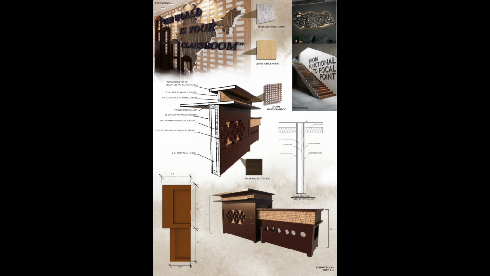On the more private transaction counter, that is going to be either solid walnut or MDF with a walnut veneer matching the same color. And that's also going to use the three form woven bamboo, as well as another layer of that walnut MDF right behind it, backing it for further support.